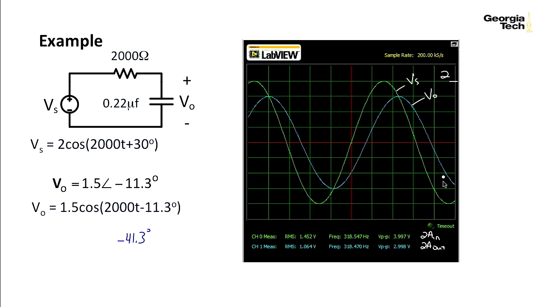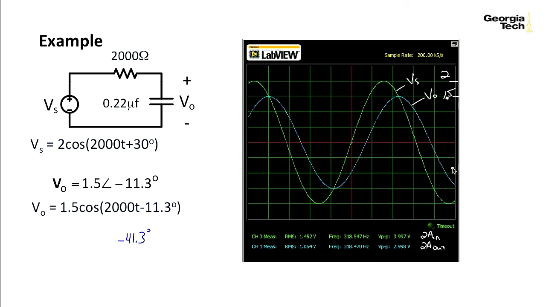So the peak to peak is from the bottom of the trough to the top. So this then is 1.5, just looking at this plot and also verifying it from the peak to peak voltage. So when I built the circuit, I'm getting what I predicted I would get, which is very good in terms of the amplitudes.